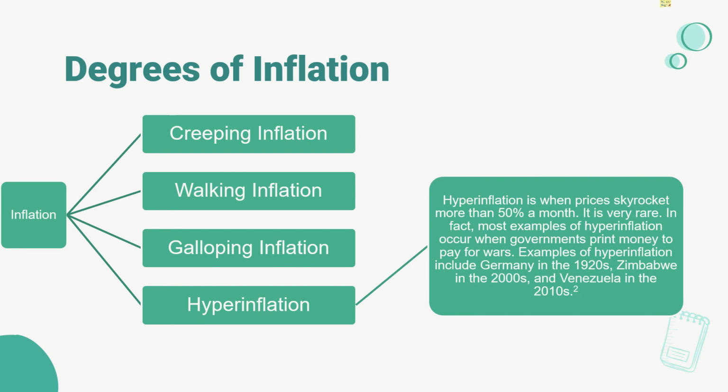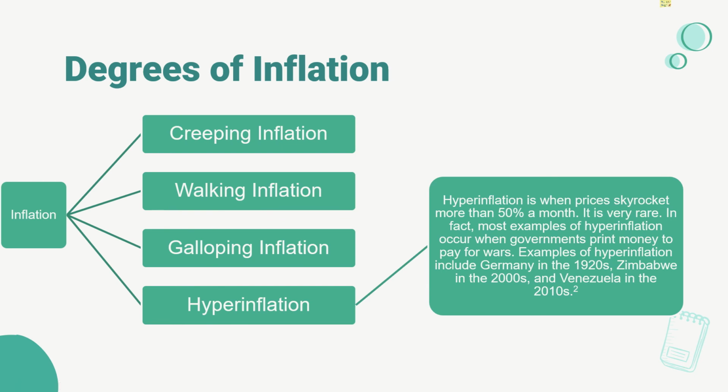In fact, most examples of hyperinflation occur when governments start printing money to pay for wars or something. If a country is lacking money supply to pay for wars, they start printing more money, and this is how hyperinflation is caused.